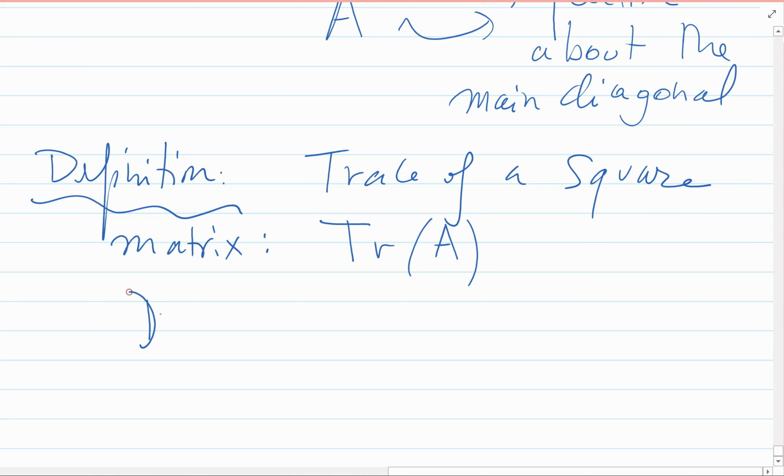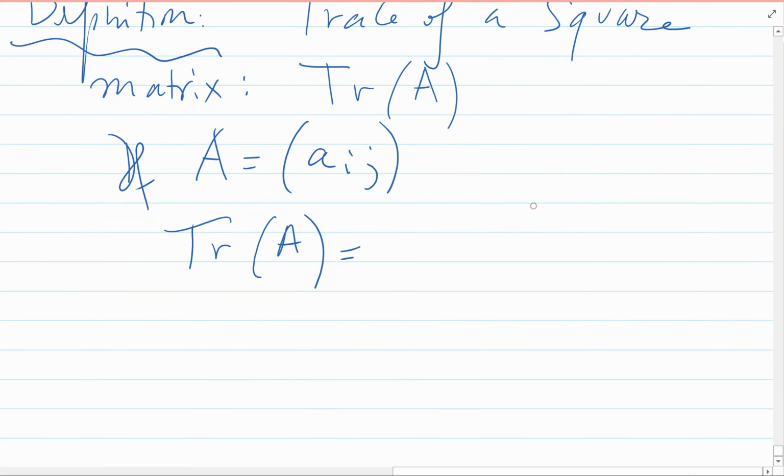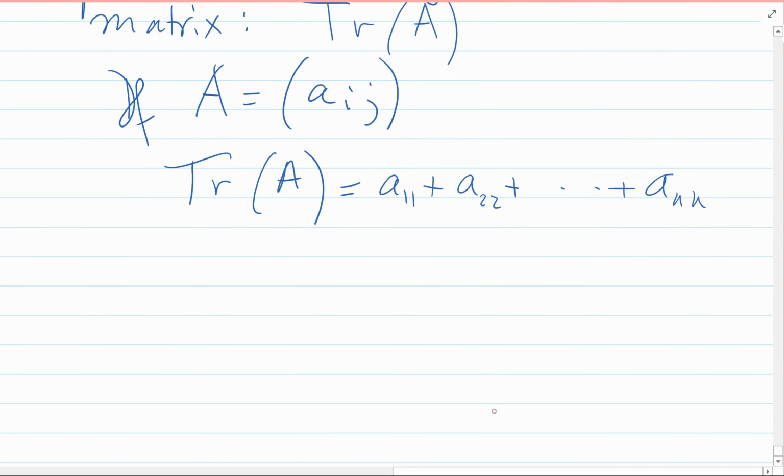If A is equal to Aij, the trace of A is just the sum of the elements on the main diagonal, meaning A11 plus A22 plus ... plus ANN.